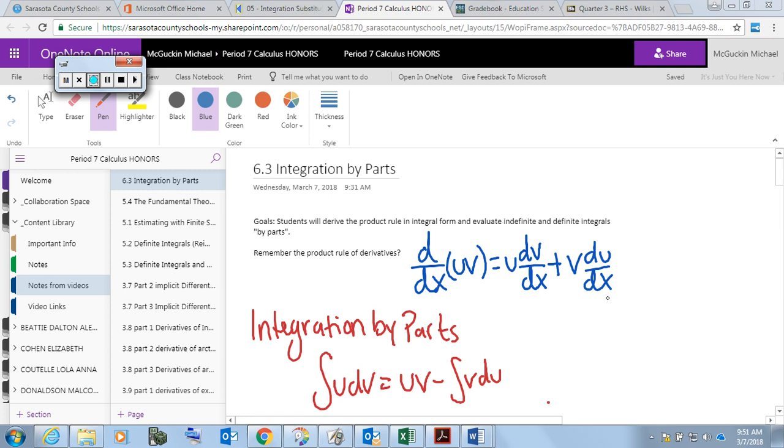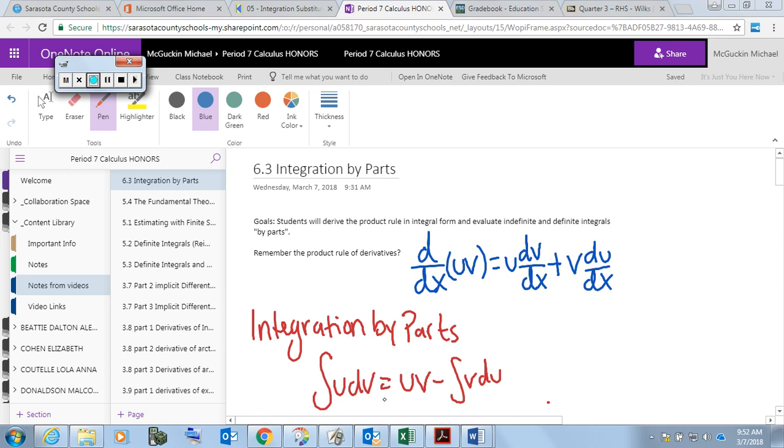Now, we're not going to spend the time to go through the entire proof of how to go from the product rule of derivatives to the integration by parts formula, but a good reference, if you do want to check it, is on page 341 of your book. You see exactly how we go from our step in blue, our product rule, down to our step in red and our integration by parts formula.